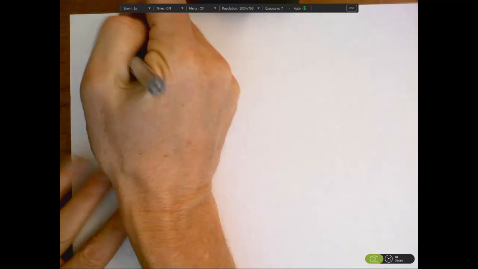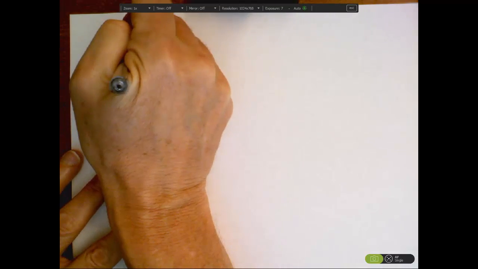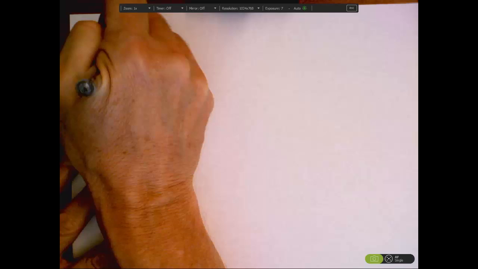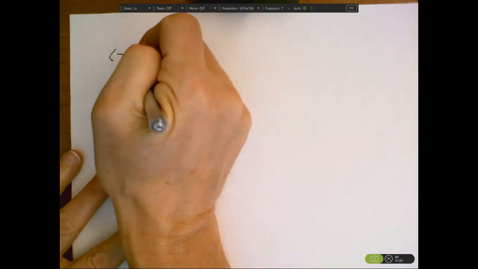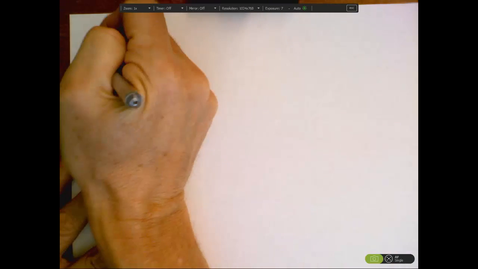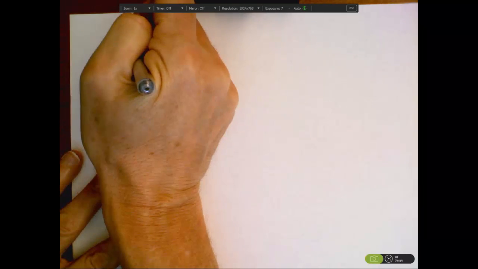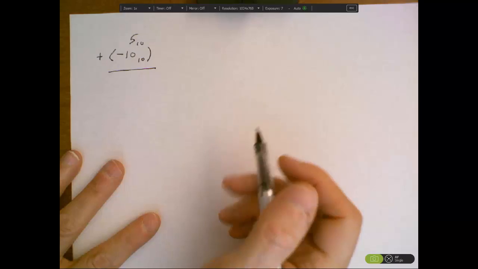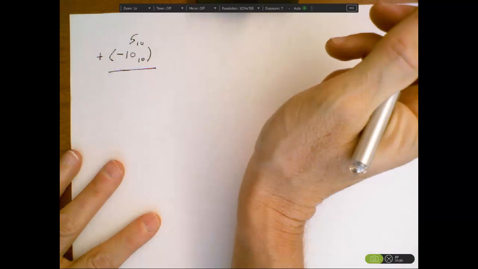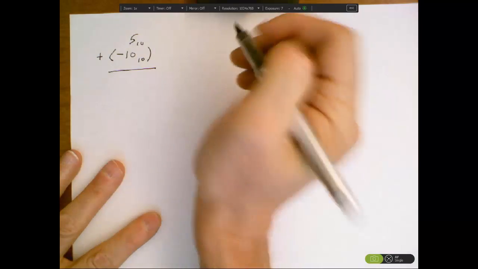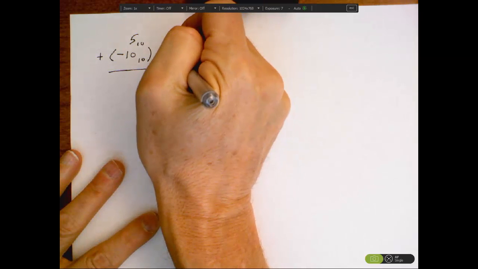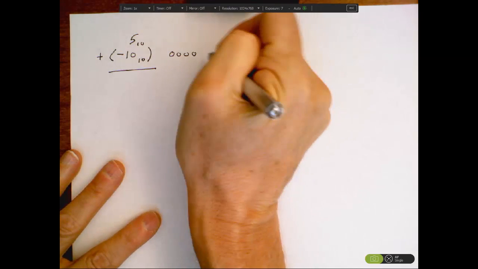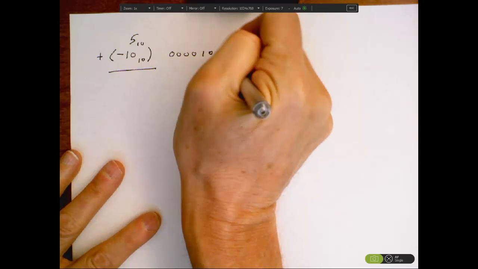Let's try, I think what I probably meant to do was minus 10 base 10. I'm adding that to positive 5 base 10. Why don't we try that? Let's do negative 10. So 0, 0, 0, 0, I've got to do positive 10 first of all. 1, 0, 1, 0, right?